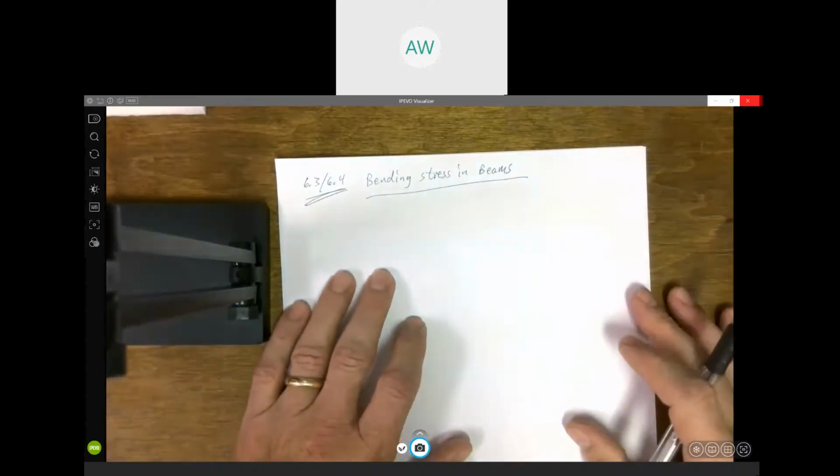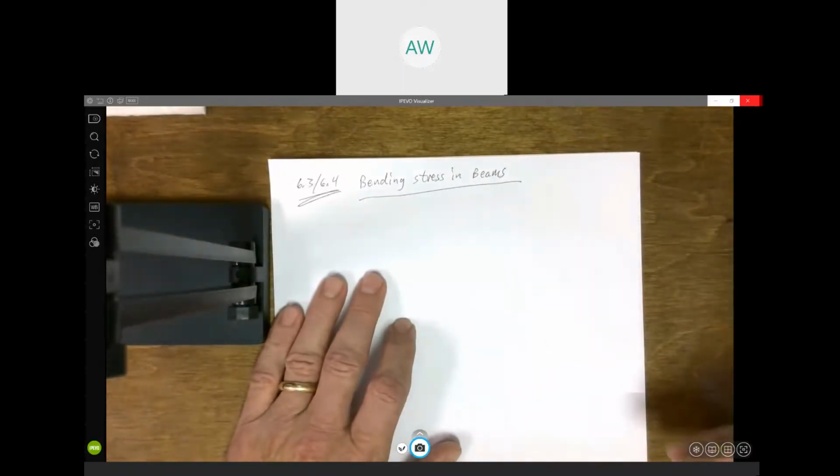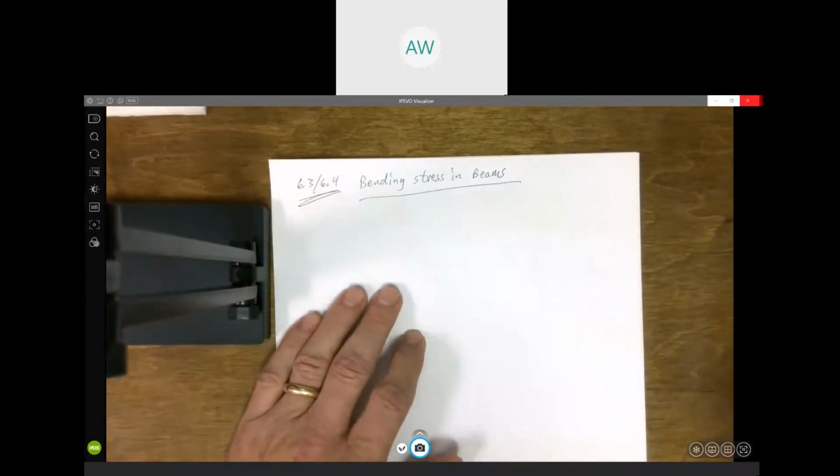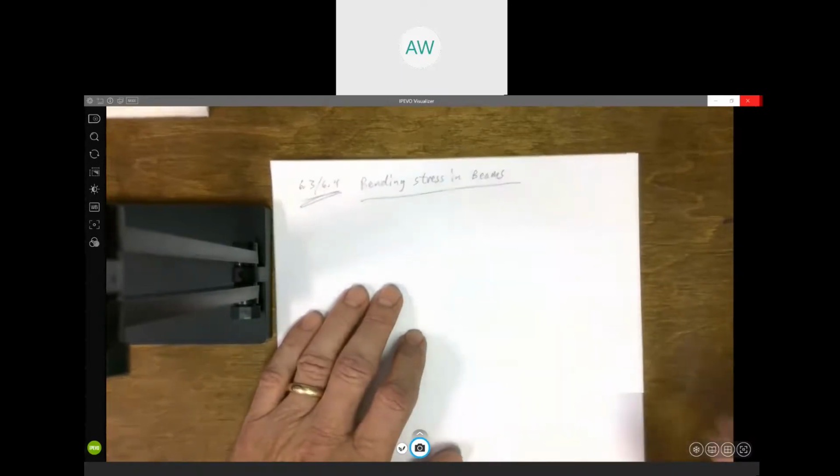We call it bending stress, but you'll see as we get further into this, it's a normal stress. This is a stress that's going to be normal or perpendicular to the cross section. Just like we calculated normal stress in axially loaded members. Well, you'll see when we bend a beam, we create normal stresses in that beam.